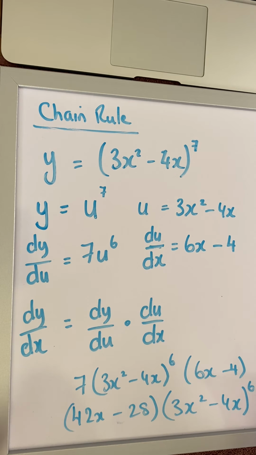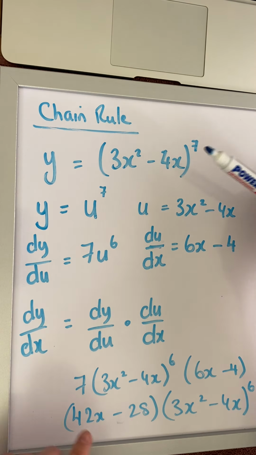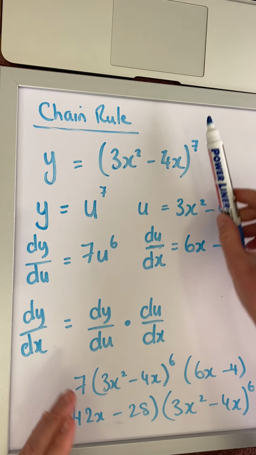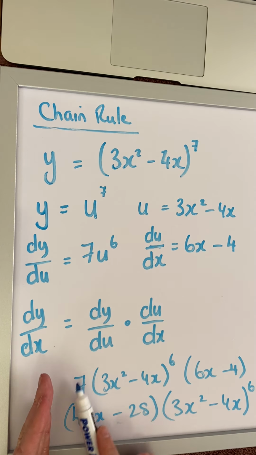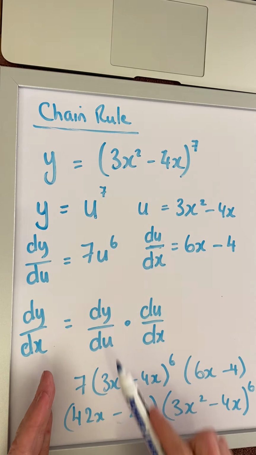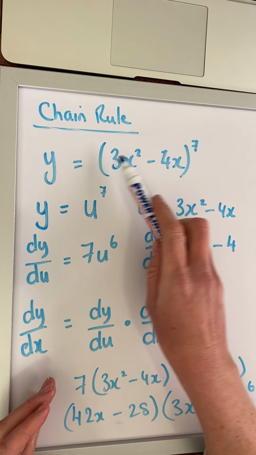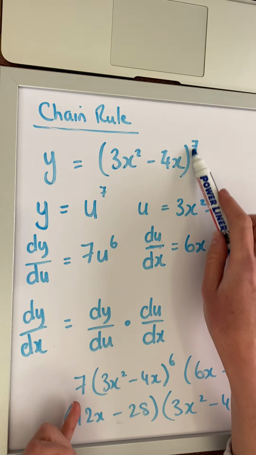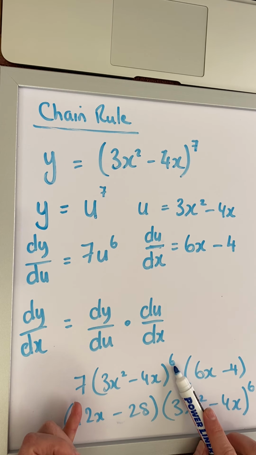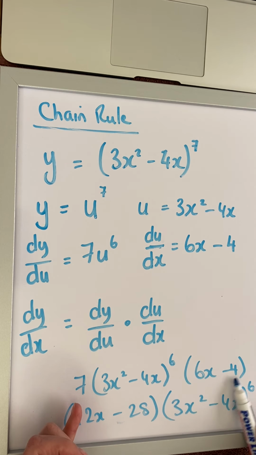So that is one representation of how we use the chain rule, right? Now there is a bit of a shortcut here. If we look at what we've done, the traditional rule of differentiation applies to this section here of our derivative. So we have brought down the power and multiplied, and then we've reduced the power by 1. But we have to have a way of coming up with this.